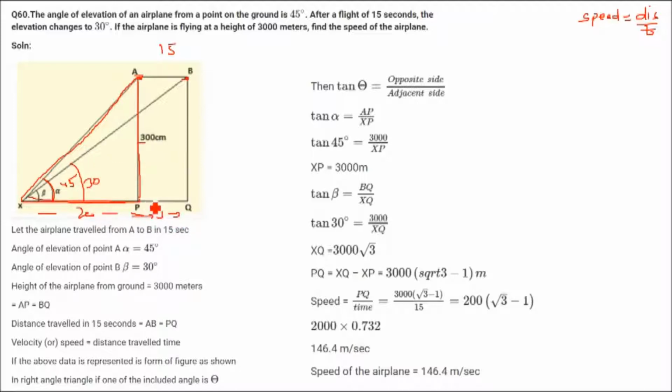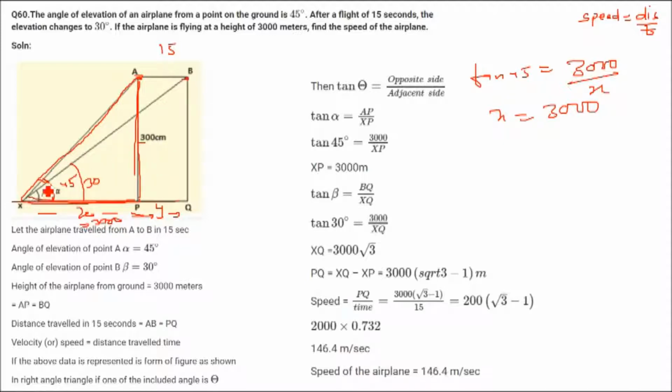So from here to here it is x and from here to here it is y. So I'm taking this triangle with angle as 45 degree. So tan 45 degree will be equal to perpendicular, that is 3000 by base, which is x. Tan 45 is 1, so x will be equal to 3000. So this is 3000.